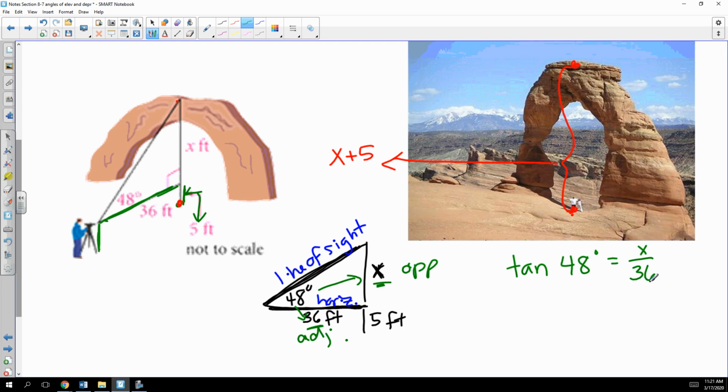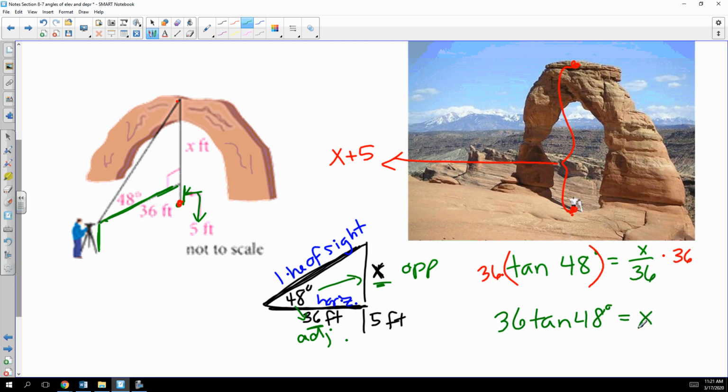And then remember that you have to multiply both sides by 36. And you get 36 tangent of 48 equals x.